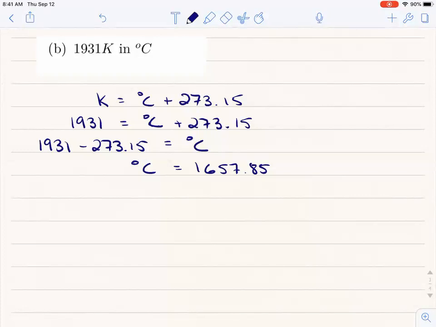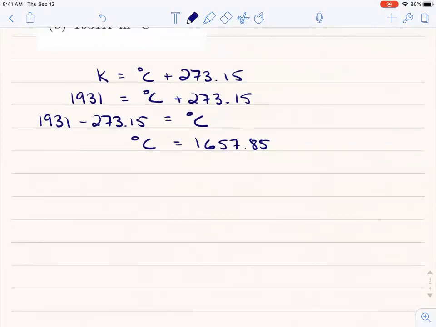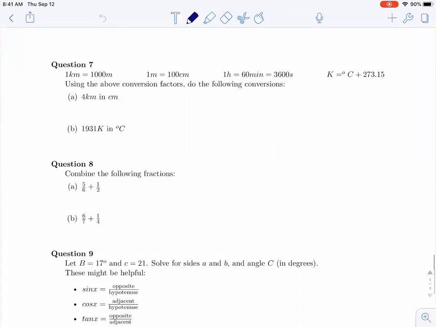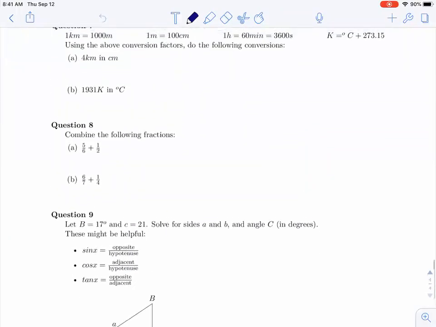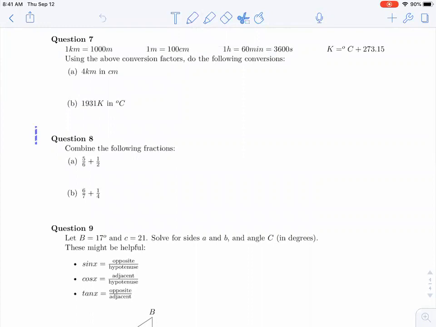Again, not paying attention to sig figs and things. Any questions about that one? Hey, fractions.